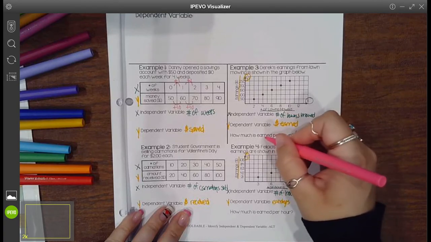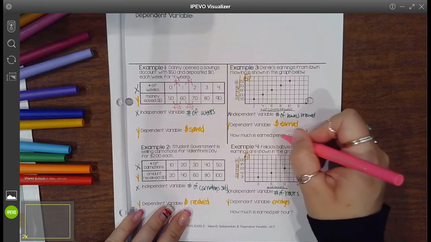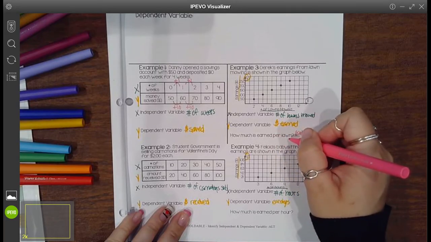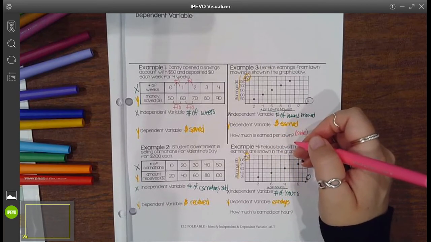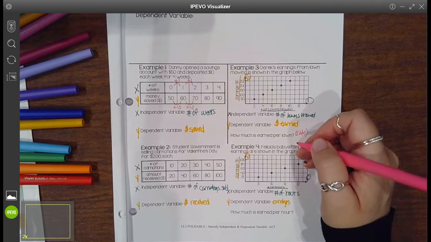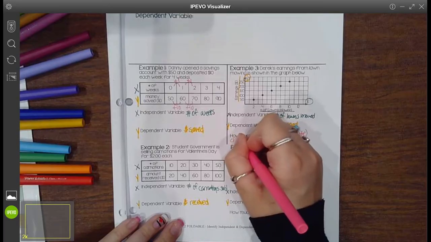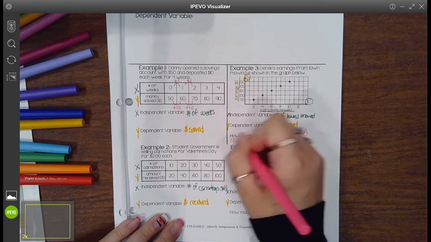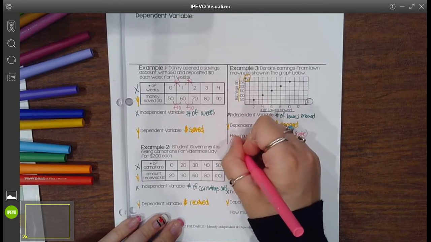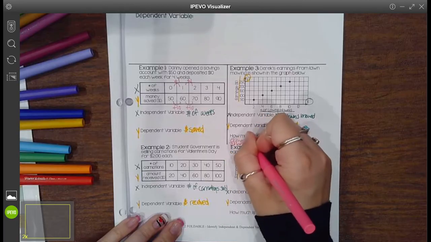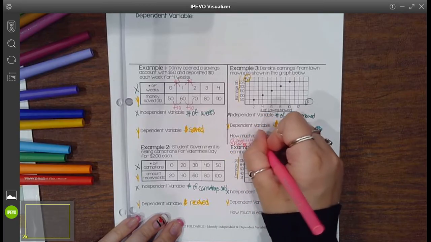So on top, they want the money earned. On bottom, after the word per, they want the number of lawns. Even if they didn't specify that, if they just said what's the rate of change, it's always going to be your change in the Y over your change in the X.